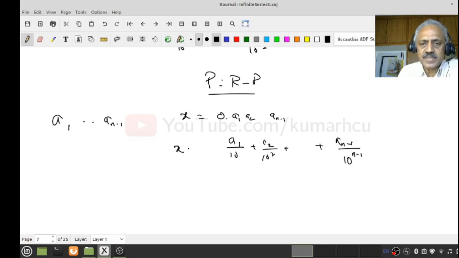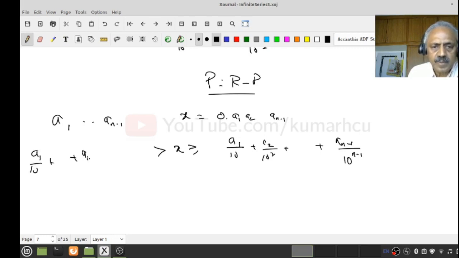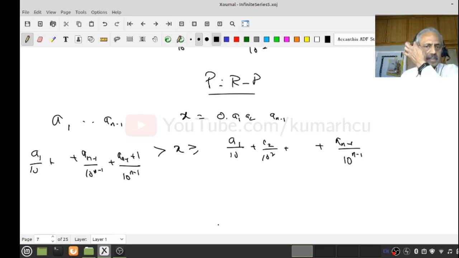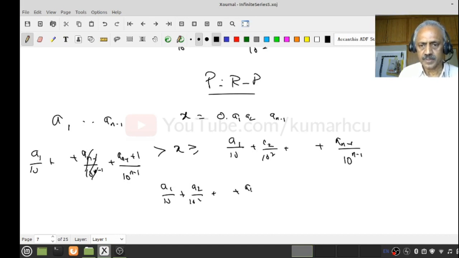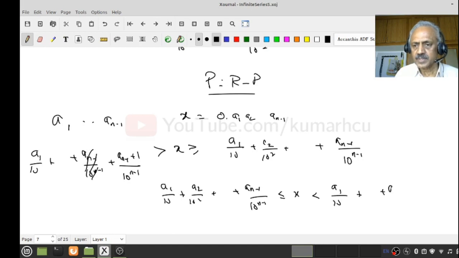So my x is greater than or equal to this, but strictly less than a1 by 10 plus up to an minus 2 by 10 to the power n minus 2 plus an minus 1 plus 1 by 10 to the power n minus 1.